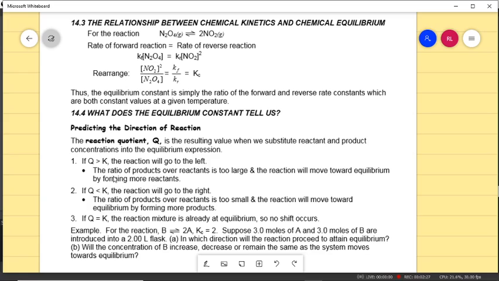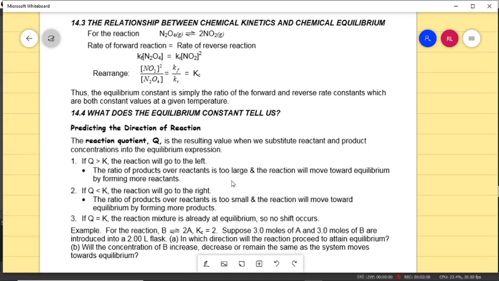So if the value of your reaction quotient Q is greater than the equilibrium constant, that means the reaction is not at equilibrium. The reaction will go to the left, as the ratio of products over reactants is too large, and the reaction will move toward equilibrium by forming more reactants.